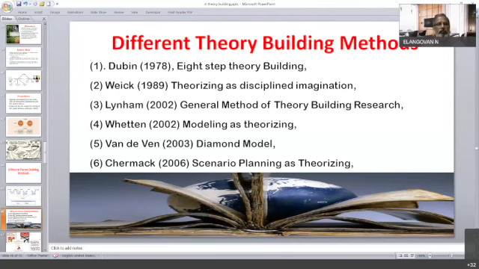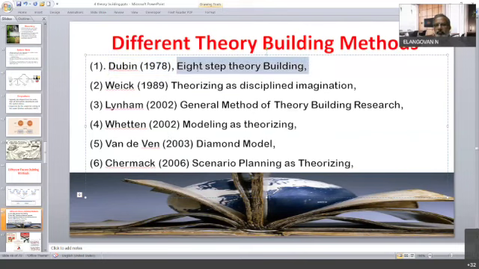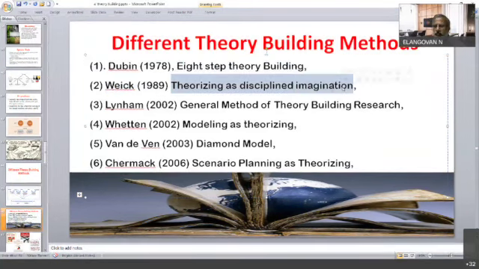So I was speaking about Dubin 1978. He gives an 8-step theory building process. Then comes Weick 1989, who says theorizing can be a disciplined imagination.